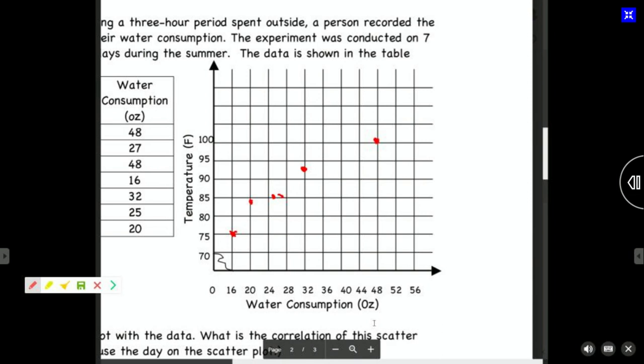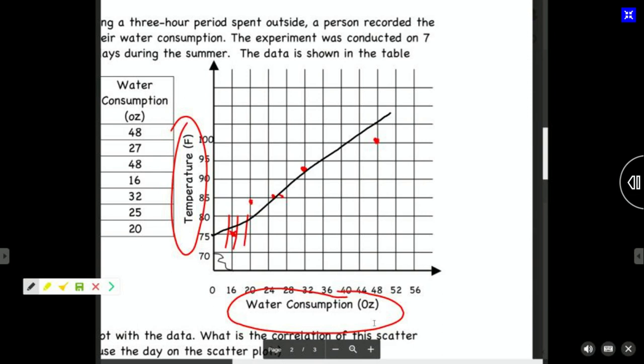Pay attention to where the labels are on it. And again, that line of best fit, I would run it through. Line of best fit and answering questions is going to be a good chunk tomorrow.